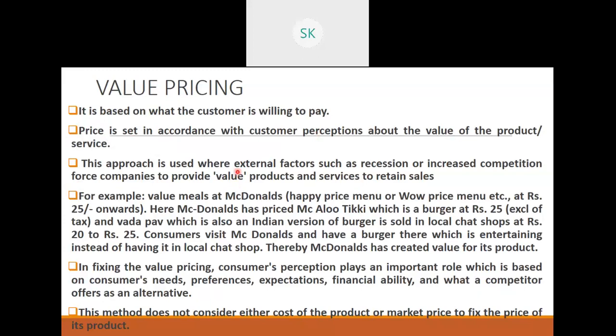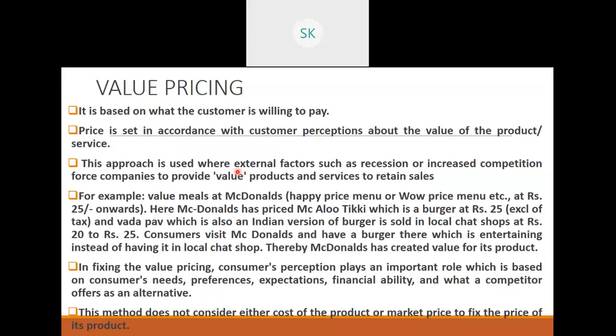If I think of going to a salon and getting a set of makeup done, or going to a barber shop and getting a haircut, and that is worth 50 rupees for me, then that is value pricing.